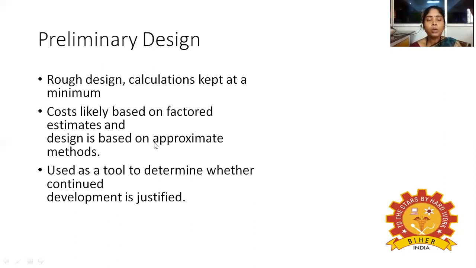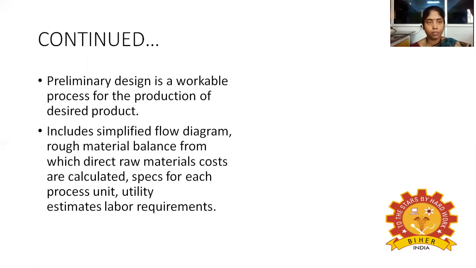And it can be used as a tool to determine whether the development of a particular product is justified. That also has to be justified. So it is said to be a workable process for the production of your desired product.